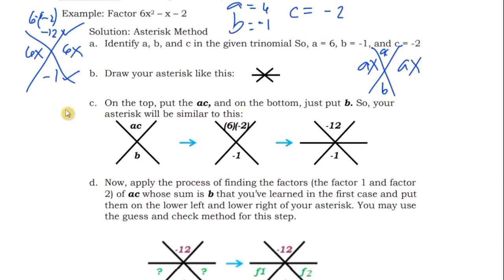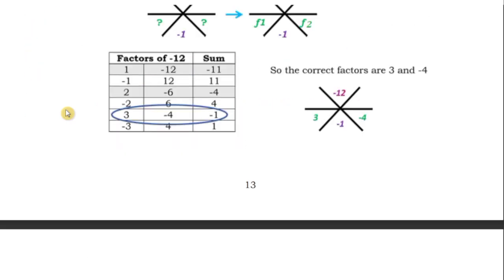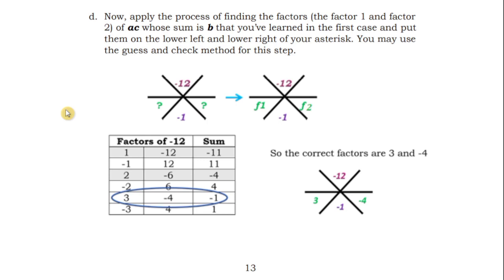That is how the process goes. So now we have all the factors of negative 12: 1, negative 12; negative 1, 12; 2, negative 6; negative 2, 6; 3, negative 4; negative 3, 4.